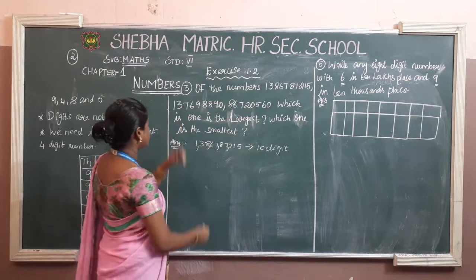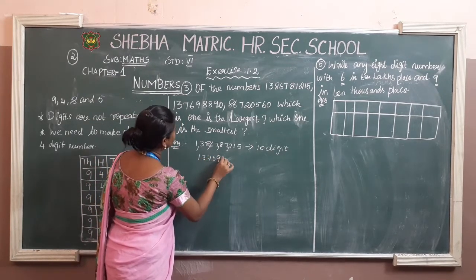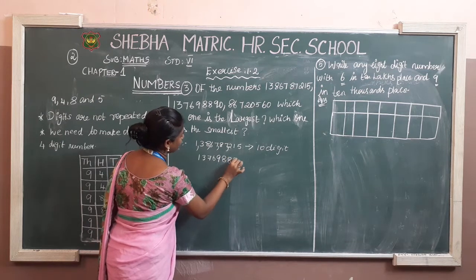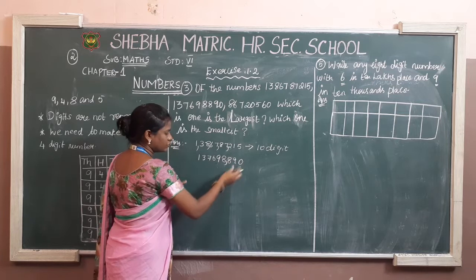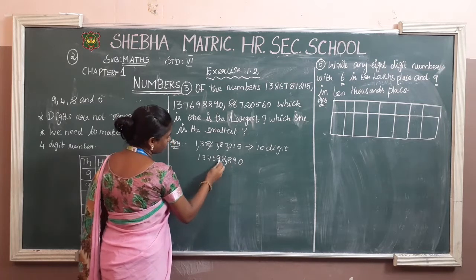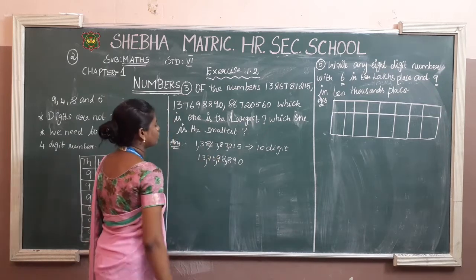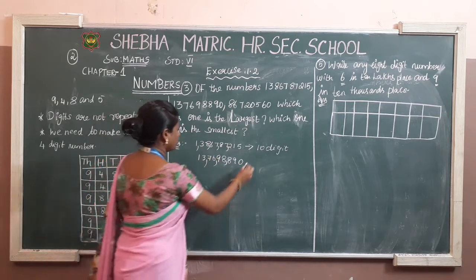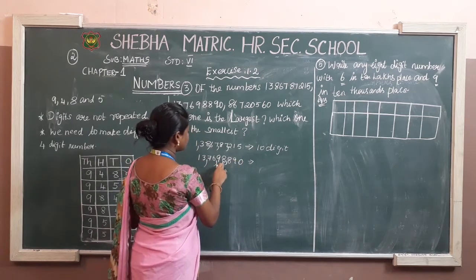So 10. Then write the next number: 1 3 7 6 9 8 8 9 0. We arrange the numbers with commas. So 3 digits first, then a comma, then 2 digits as one group, then 2 digits as one group. How many digits are there? 1 2 3 4 5 6 7 8 9.